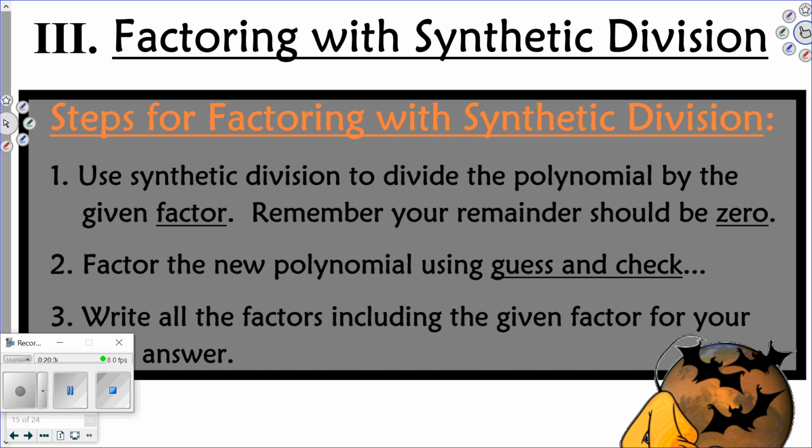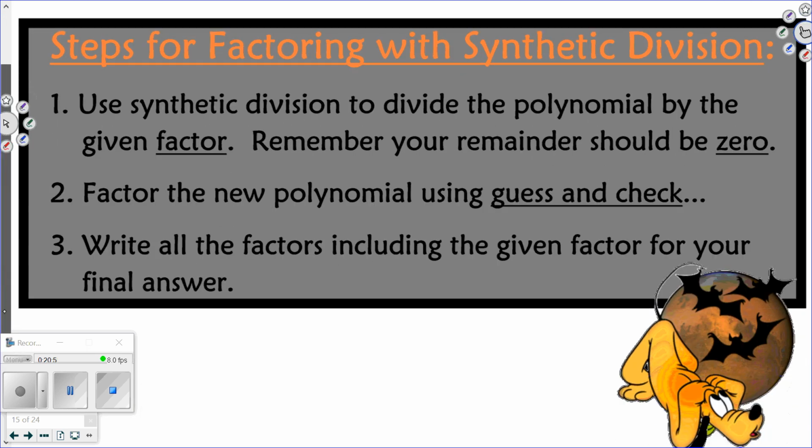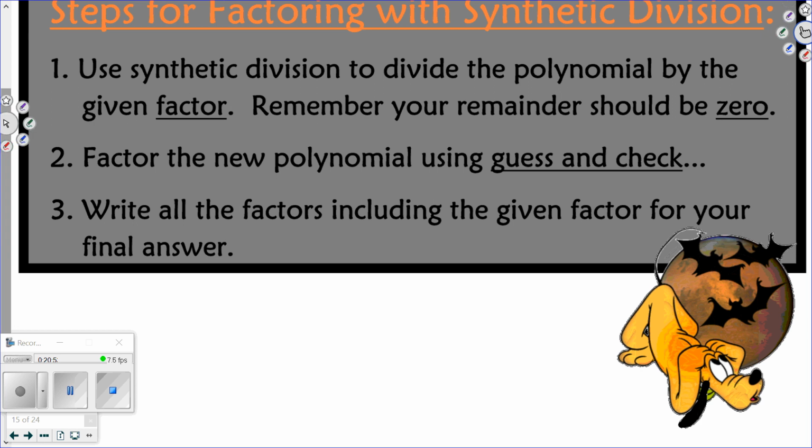Remember that your remainder should be 0, because if it's a factor and I don't get a 0 for a remainder, you did something wrong, since my directions are going to be to factor. Then factor the new polynomial using guess and check: options for A, options for C, all that good stuff. And then write all the factors, including the given factor, for your final answer. We can do this.